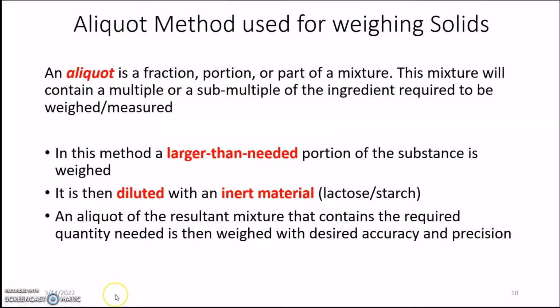An aliquot is a fraction or portion or part of a mixture, and this mixture will contain a multiple or submultiple of the ingredient required to be weighed or measured. In this method, a larger than needed portion of the substance is weighed. It is then diluted with an inert material, whether it be water, lactose, or starch. An aliquot of the resultant mixture that contains the required quantity needed is then weighed with desired accuracy and precision.